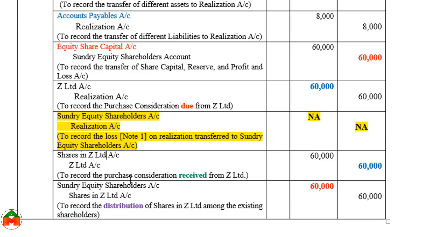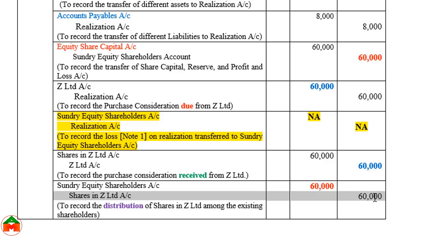Then in the next journal, we will record the purchase consideration received, and this purchase consideration will come from the Jet Company Limited. We can see Jet Company is debit with the purchase consideration of taka 60,000. We will show it here in the credit side, and on the other hand we will get shares from Jet Limited, which will be shown in the debit side.